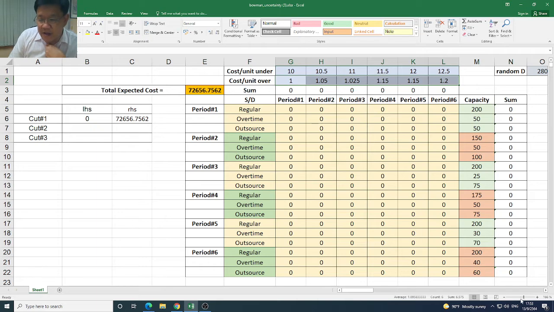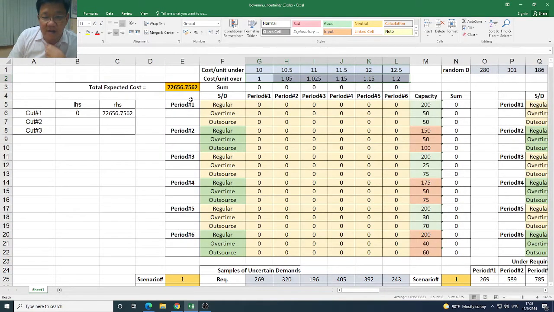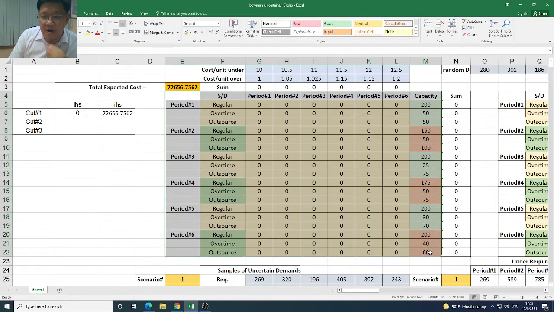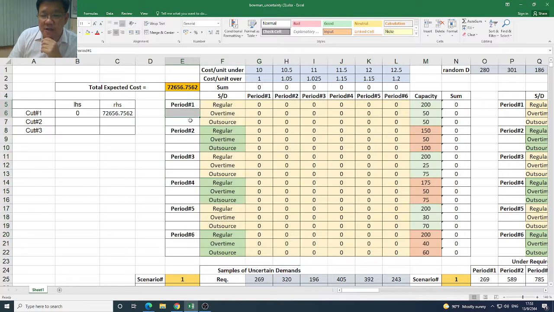And here is the regular table down here. In this case we are working on a six period planning problem, and in each period there are three sources of capacity: the regular capacity, based on regular working hours, the overtime working hours, and the outsource, in case your regular and overtime together still cannot fulfill the demand.